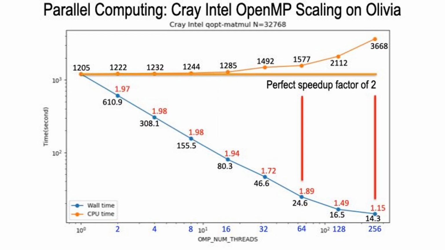The speedup decreases further when scaling to 256 cores. The scaling analysis reveals that a computation taking 24.6 seconds on 64 cores is reduced to approximately 14.3 seconds on 256 cores, achieving a speedup of about 1.7 instead of the ideal speedup of 4.